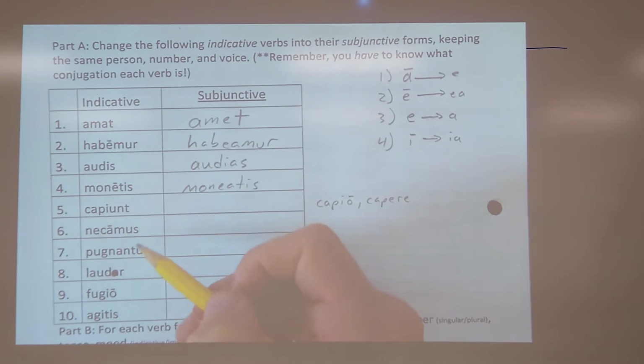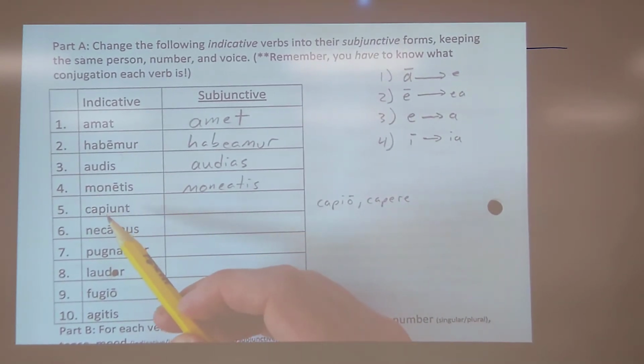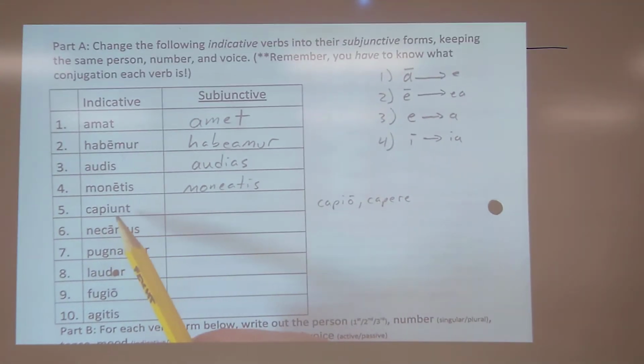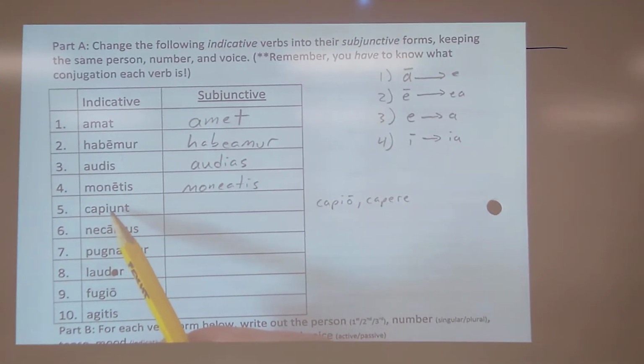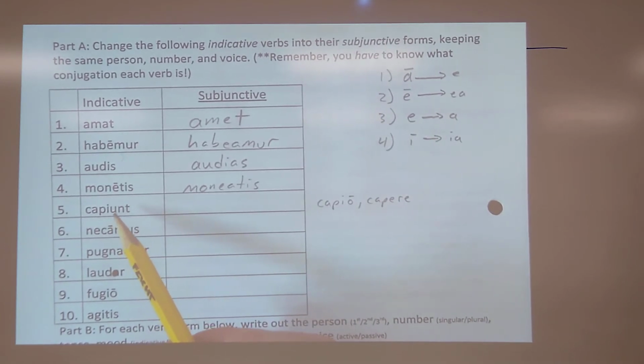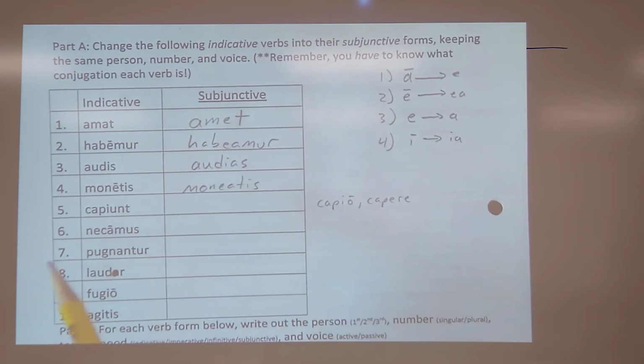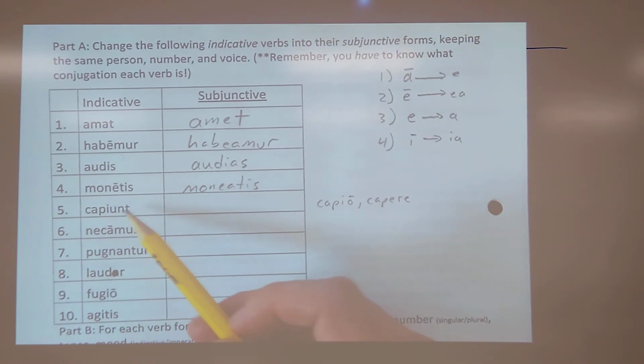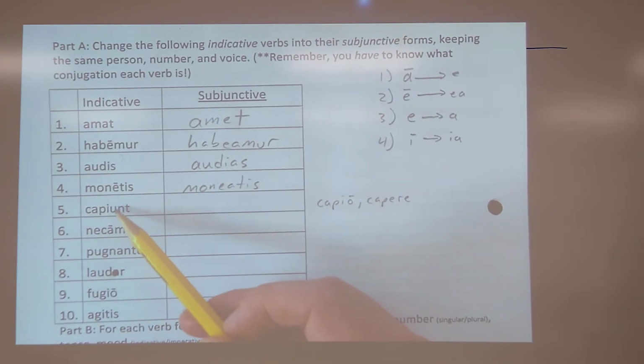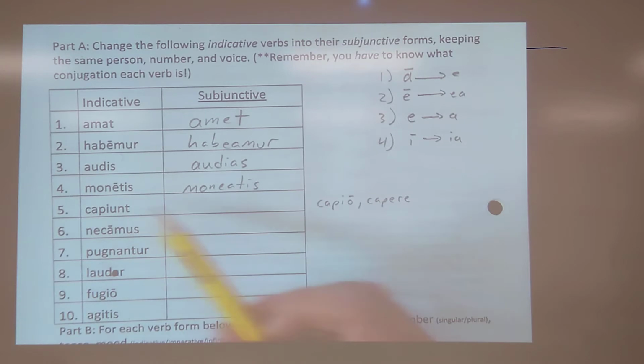So when you look back at your verb charts from the other day, with a fourth conjugation verb, you remember that in the third person plural, the they form, you have to add this U in on those verbs. But anyway, that will actually drop out here, as you see.